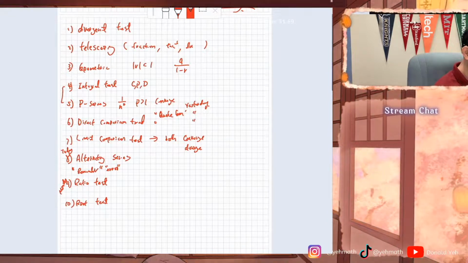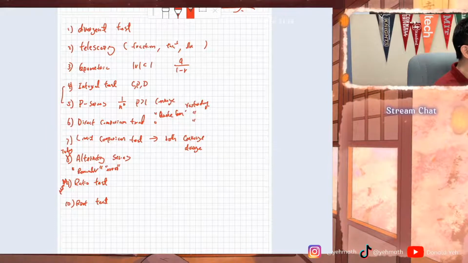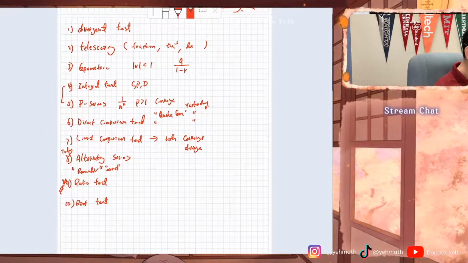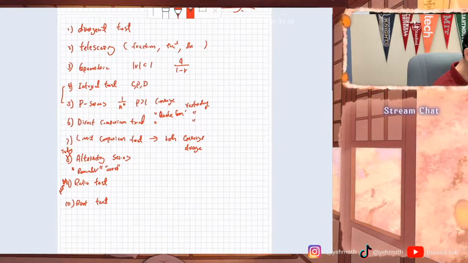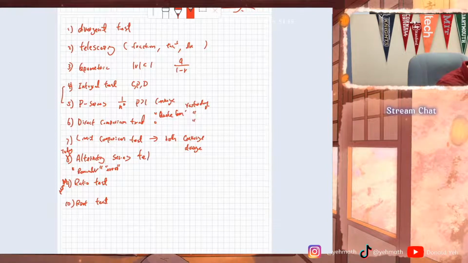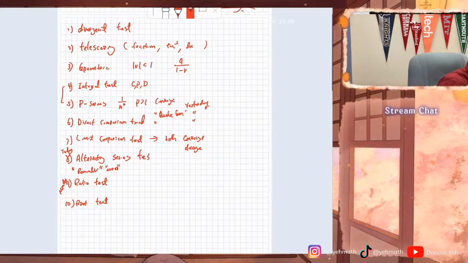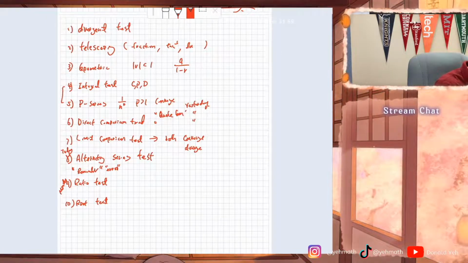Alternating. Oh, sorry, my language skill is bad. But it's alternating series, so we call it alternating series tests. So AST.